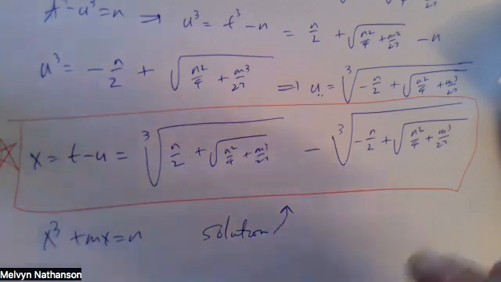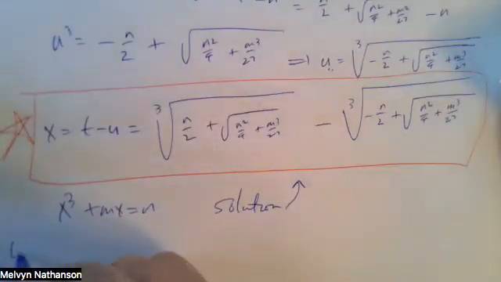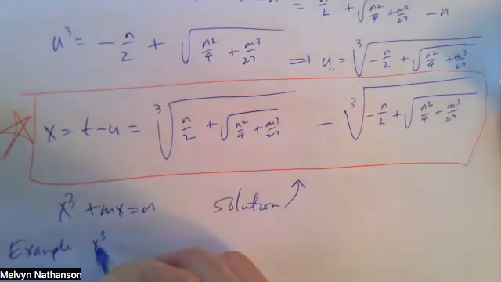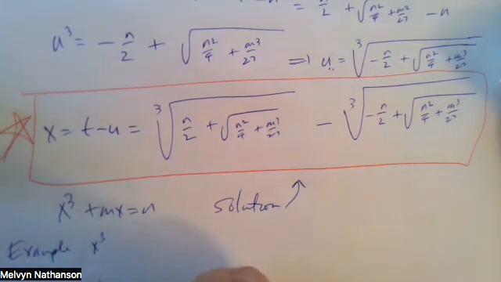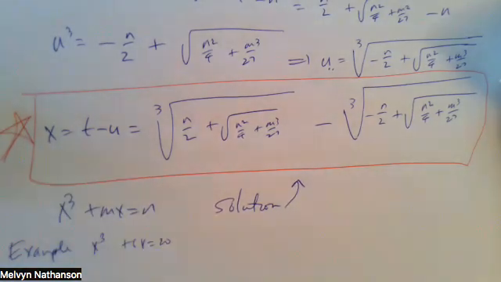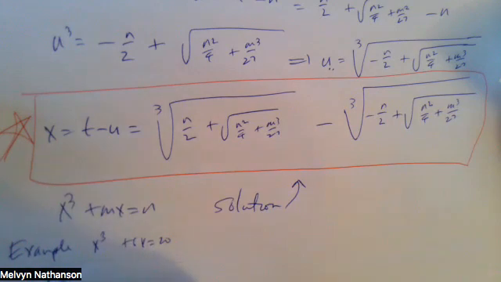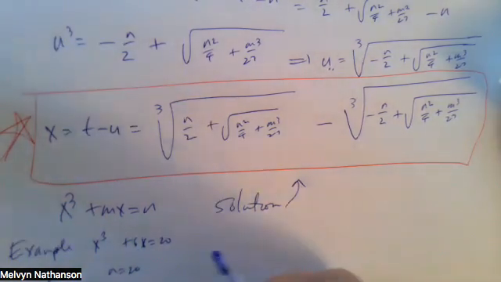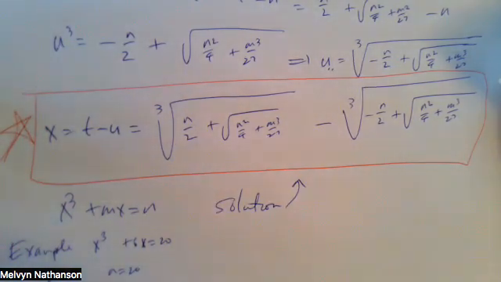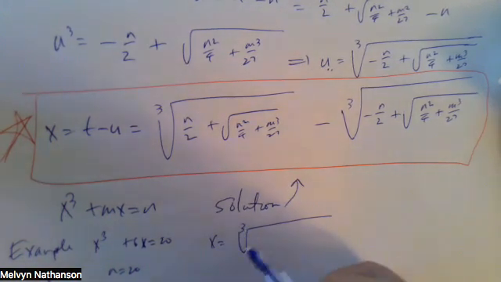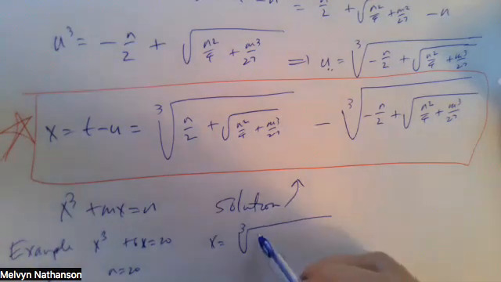All right. Let's look at an example. So the example that the text likes is x cubed plus 6x equal 20. So m is equal to 6 and n is equal to 20. So what is the solution? The solution is x equal to the cube root of n over 2.